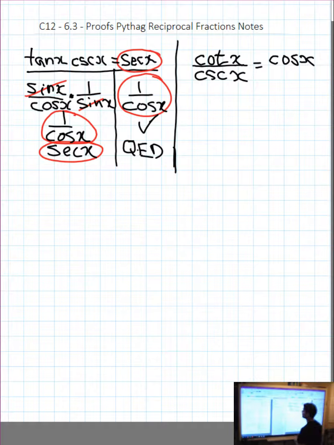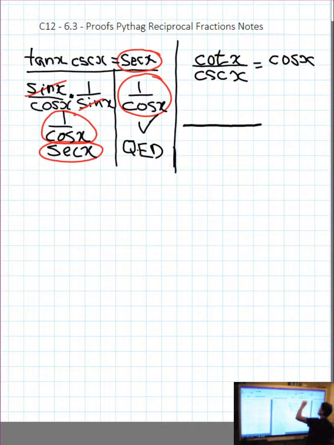I'm going to leave that there, and I'm going to work on this fraction. Well, before I even start, I'm going to think cotan is a fraction. Cosecant is a fraction. I'm going to have a complex fraction with 4 lines. I want to make a big over with enough room for at least 2 lines on the top and 2 lines on the bottom. I actually skipped a line just so it's really clear.